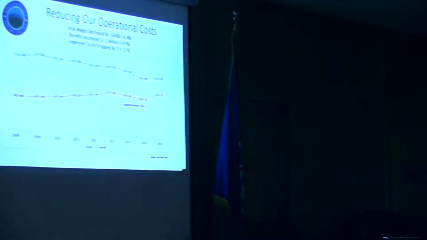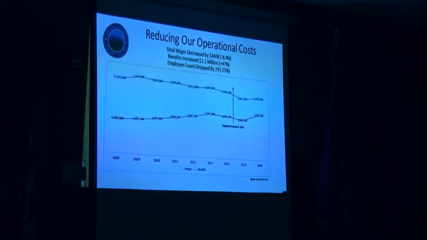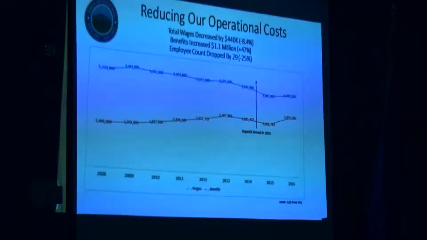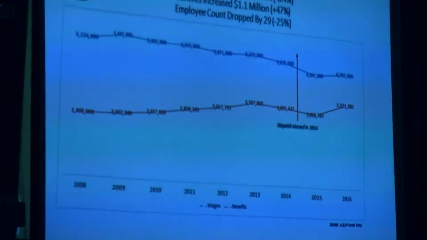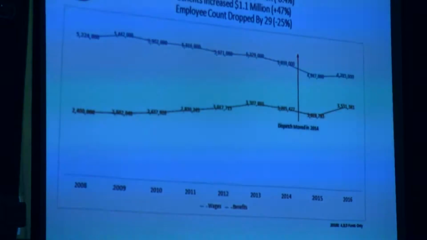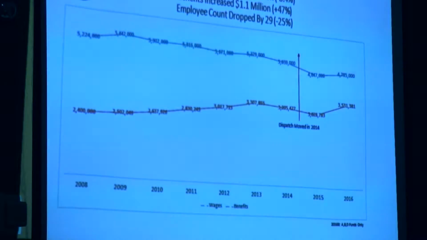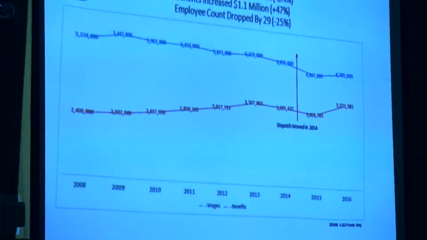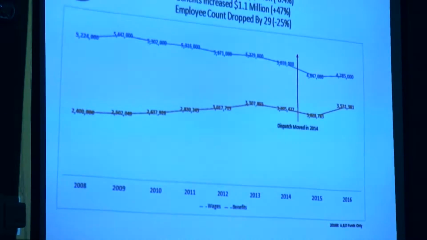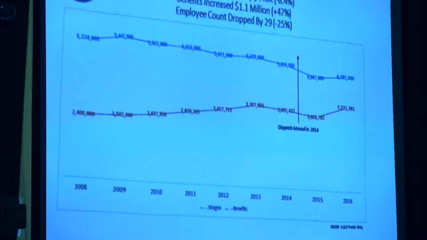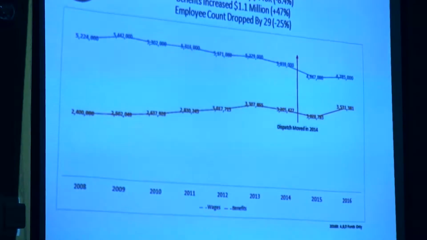So reducing operational costs, this is an interesting slide actually, because really when you look at the fact that our employee count has dropped 25% since 2008, over the last 8 years, yet our wages have only decreased by 8.4%. And that's because you've seen in that time contractual wage increases, longevity, overtime, things like that.